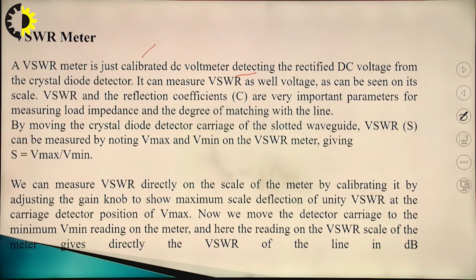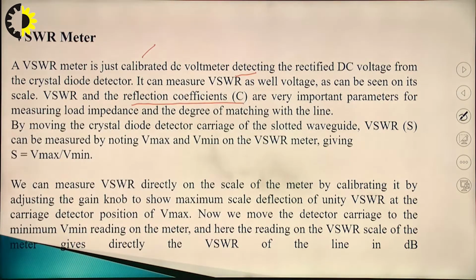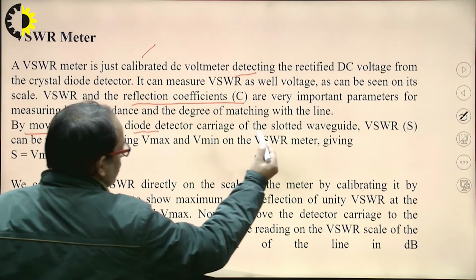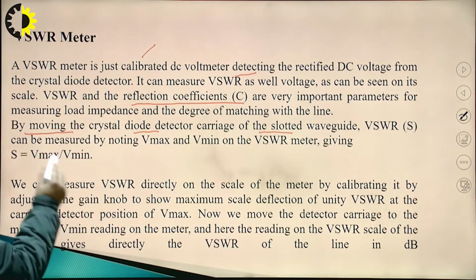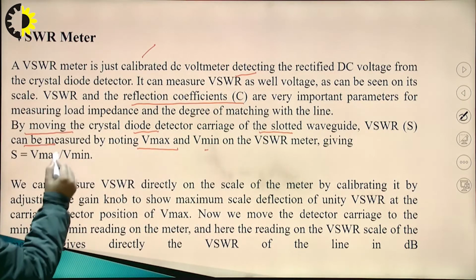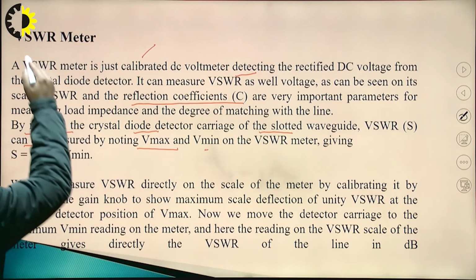And from the VSWR meter, I can calculate the reflection coefficient. Now see, by moving the crystal diode detector carriage of the slotted waveguide, it can be measured by noting the Vmax by V minimum, which defines the standing wave ratio.